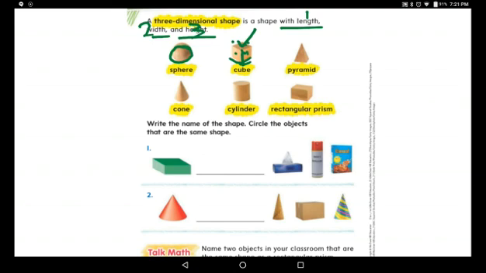Now look at the third one. It's a pyramid. Look at the pyramid. The pyramid has a flat face at the bottom. Look at it. It is a square face.